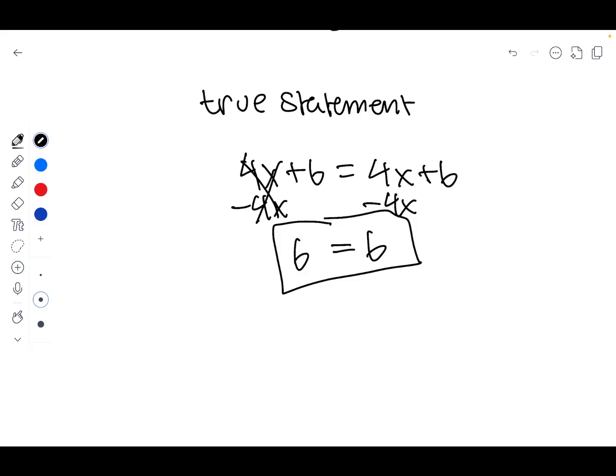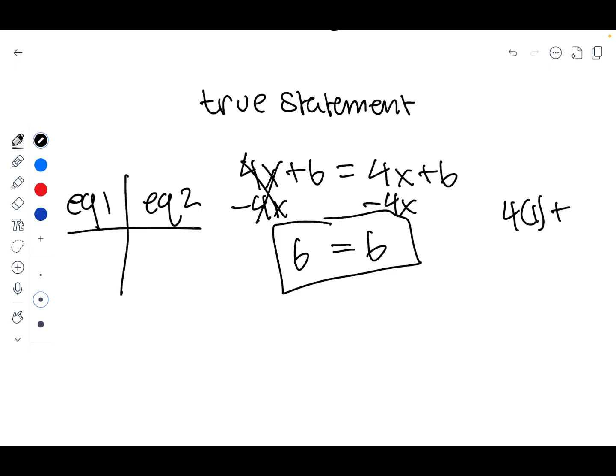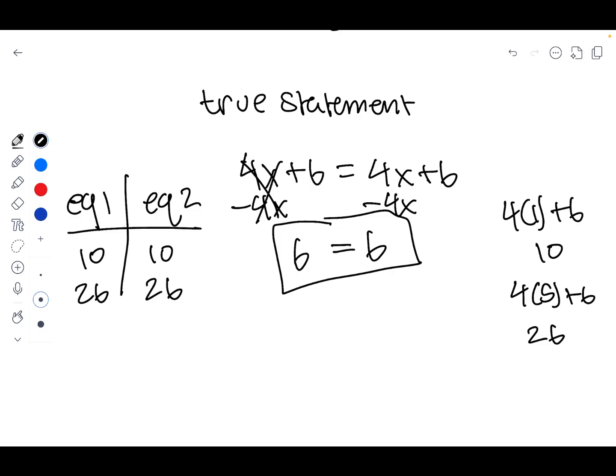So let's quickly make a table for that. Let's say you plugged in 1 for 4x plus 6. So 4 times 1 plus 6 is equal to 10, so 10 equals 10. 4 times 5 plus 6 is 26, so 26 equals 26.